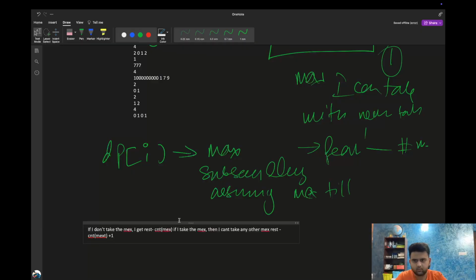For this it should be either new max shouldn't exist, or either all nos.